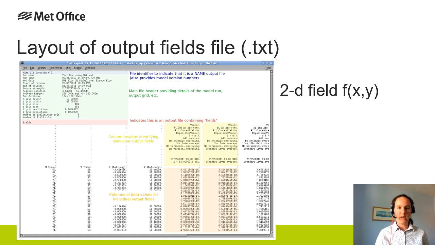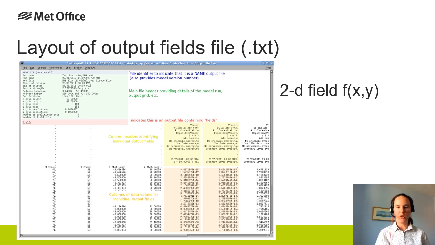The next few lines are all what we call main header lines, and they provide details of the model run: the time it was run, the output grid, and the number of columns you've output in this particular file. We then have a line that breaks the file between the main header and the columns, and this just says fields.